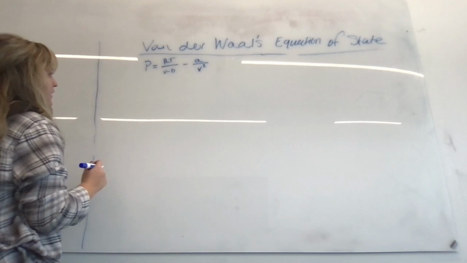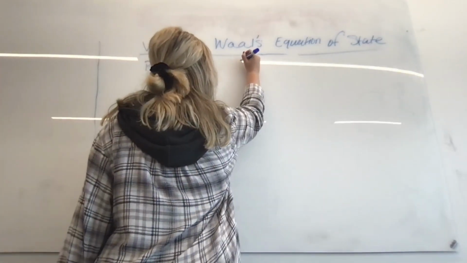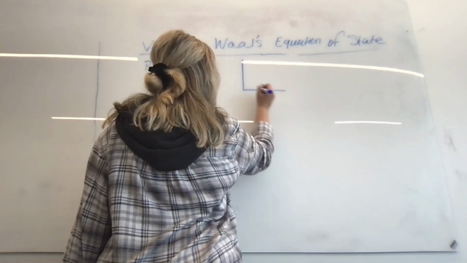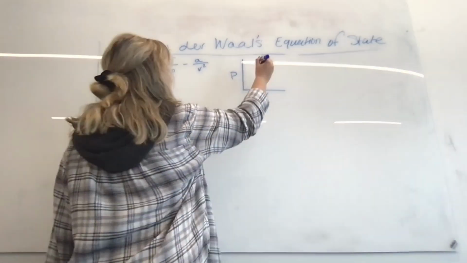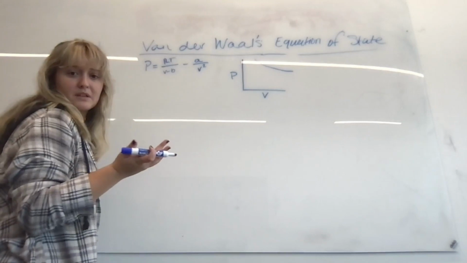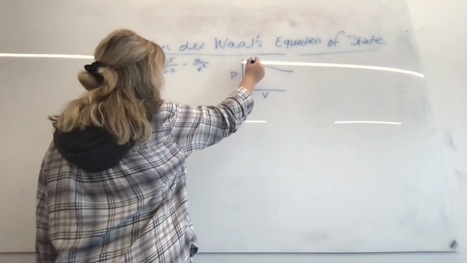So now let's get started. In order to graph this out, let's take a pressure versus volume graph. So if we were an ideal gas, our graph would look something similar to this. Now, at this certain temperature value, it would look something like this.